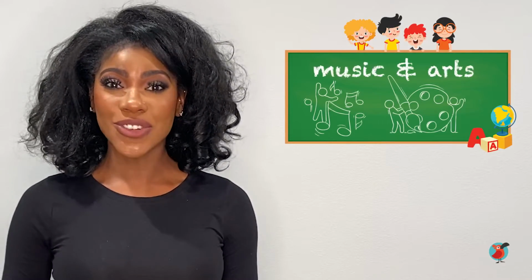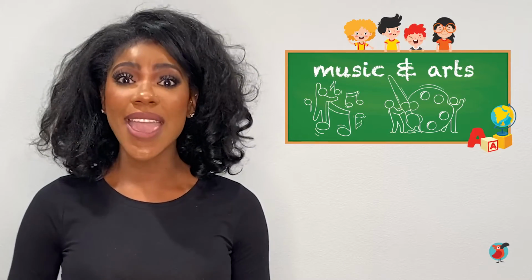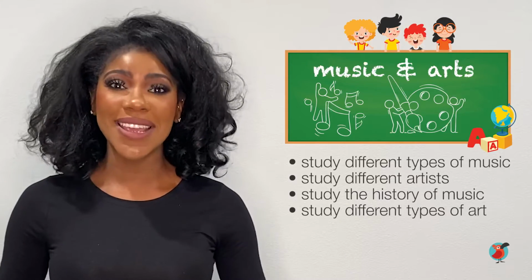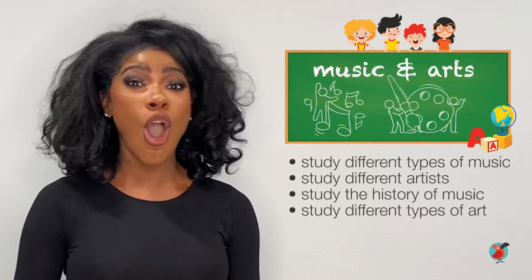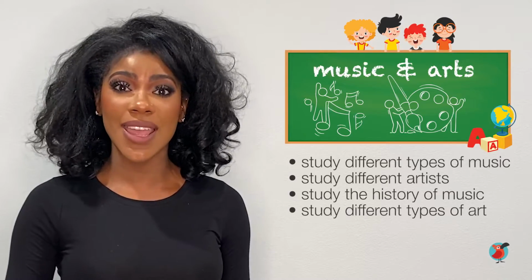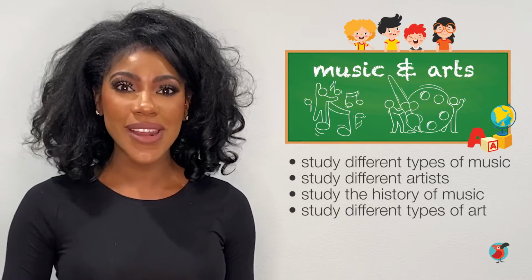In elementary school, you also get to learn about music and art. Did you know there are so many different types of music all across the world? And the people that create art are called artists.